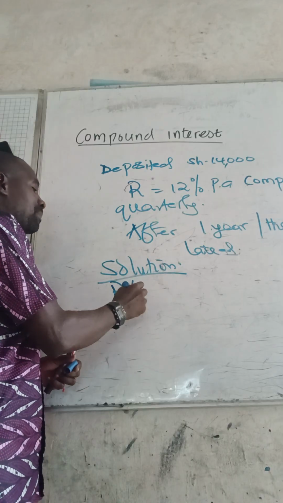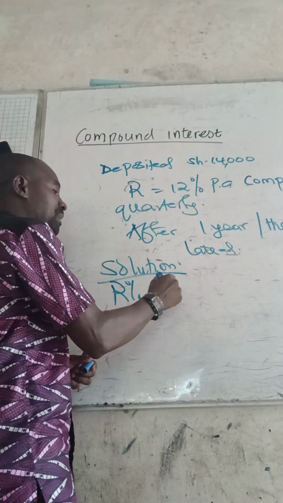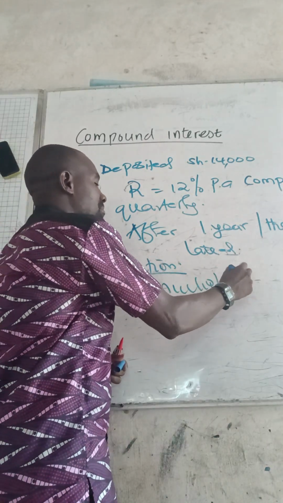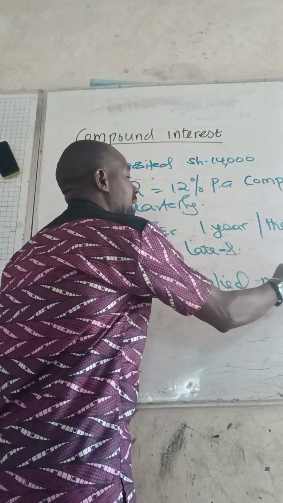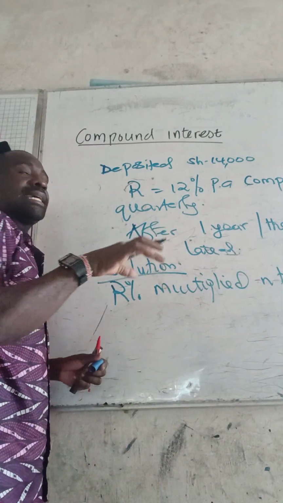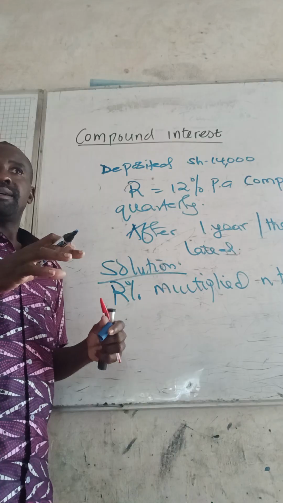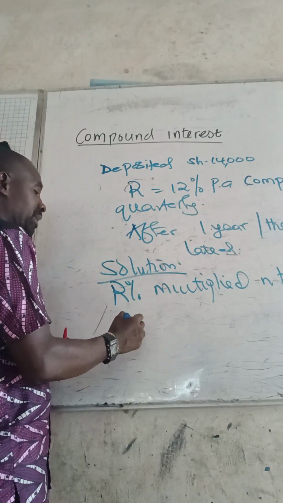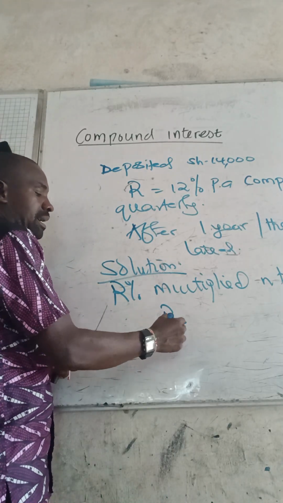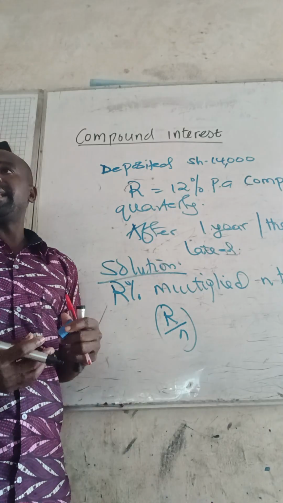So if R percent is multiplied n times, then the interest rate at the interest period will be given as R over n.